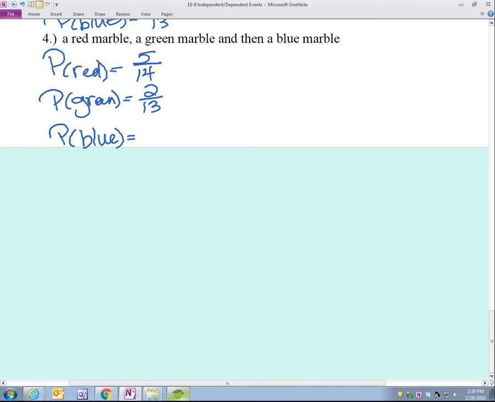How many blues are there? 3 out of just 12. So that means the probability of going red, green, blue is going to be 5/14, 2/13, 3/12, which is 1/4.